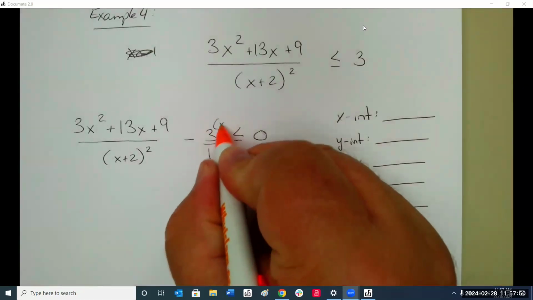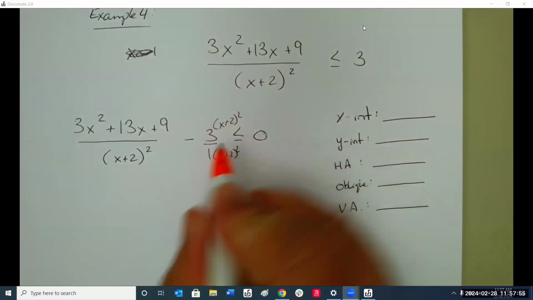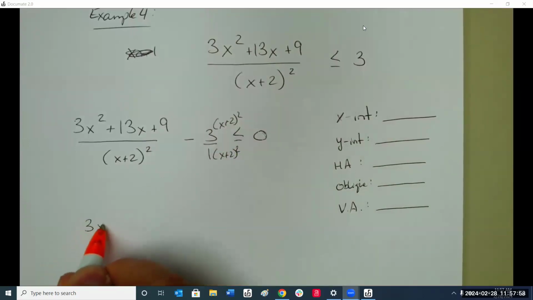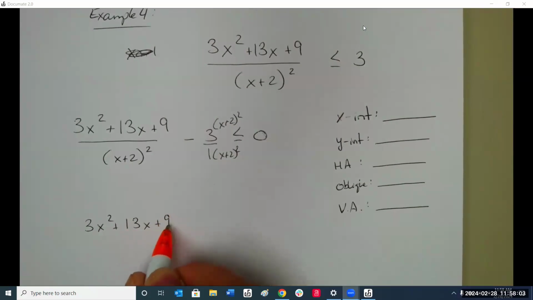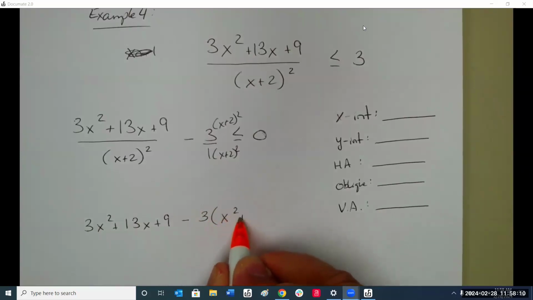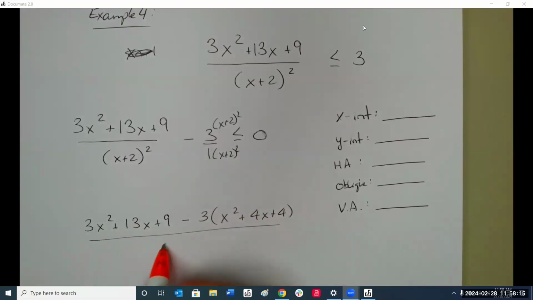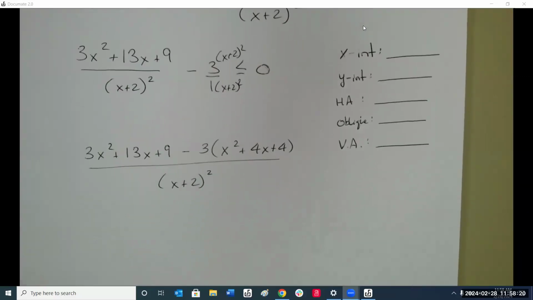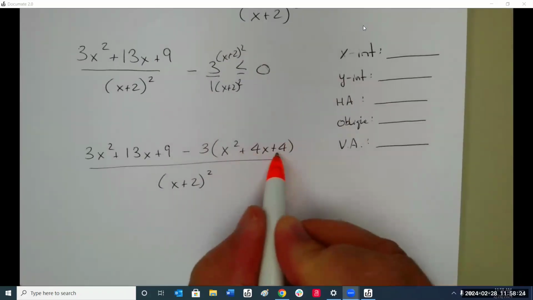So this one's got to be (x plus 2) squared over (x plus 2) squared. x squared plus 4x plus 4. (x plus 2) squared is (x plus 2) times (x plus 2), which is this.